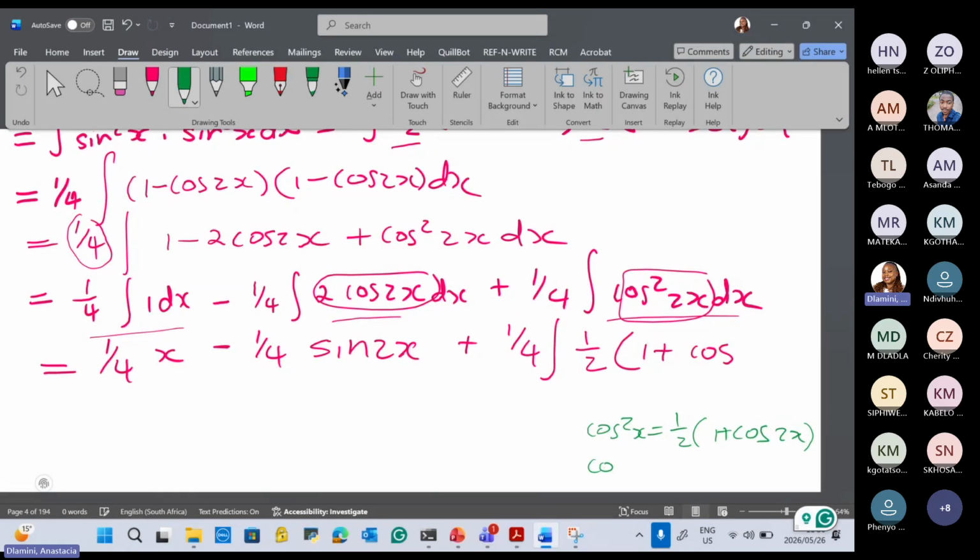Now we have cos squared 2x. So this will be 1/2, 1 plus what? Where it says where you see x, put 2x. Here it says where you see x, put what? 2x. So this will be what? 4x. Thank you. 4x.